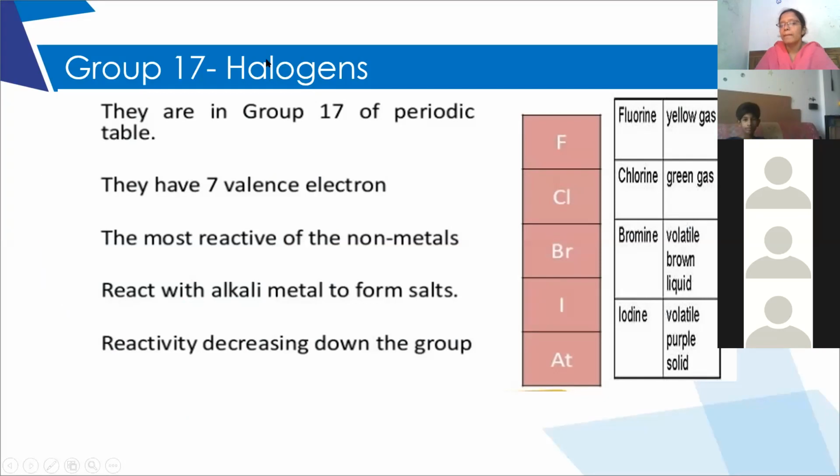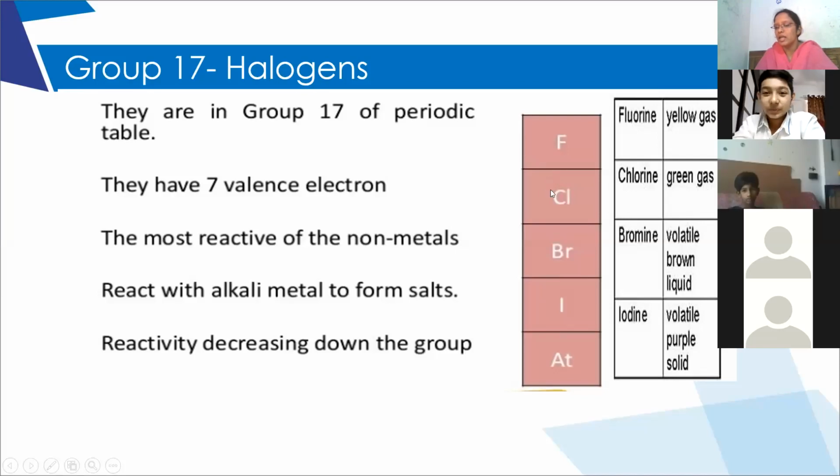Halo means salt. Generally, they form ionic salts, like sodium chloride, sodium fluoride, sodium bromide. They form ionic salts with all the metals. Therefore, they occur as salts in the combined state, and so they are called halogens.